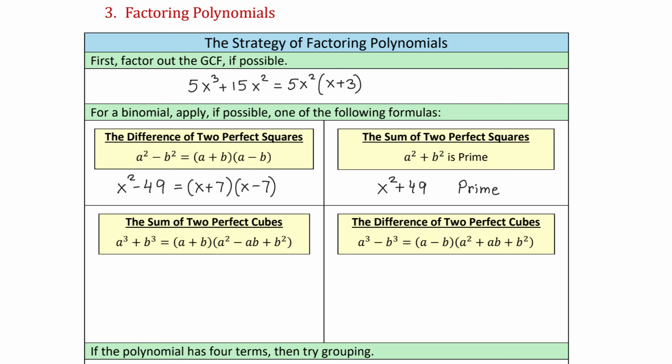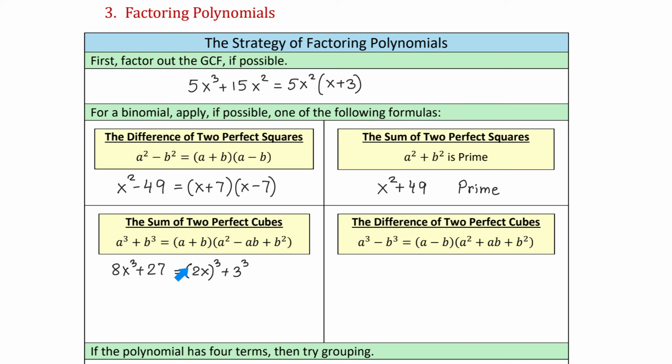For example, the binomial 8x cubed plus 27 is a sum of two perfect cubes, and we can write it as 2x to the third power plus 3 to the third power.